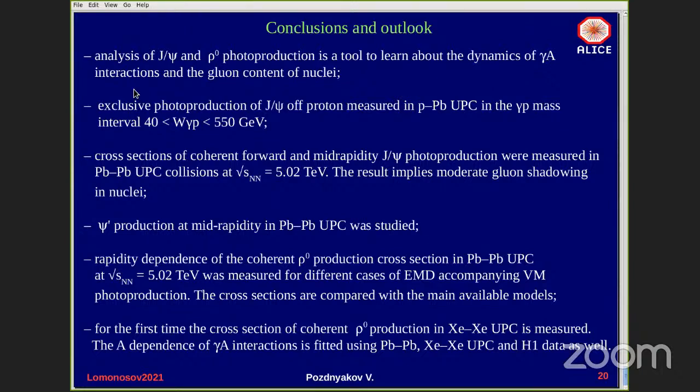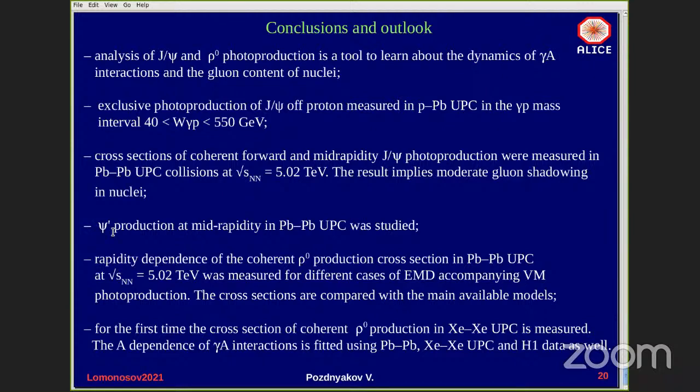In summary, we analyzed J/psi and rho-zero photoproduction, and we measured the cross-section of J/psi photoproduction off proton and compared with other experiments. We measured coherent photoproduction of J/psi at forward and mid rapidity domain.